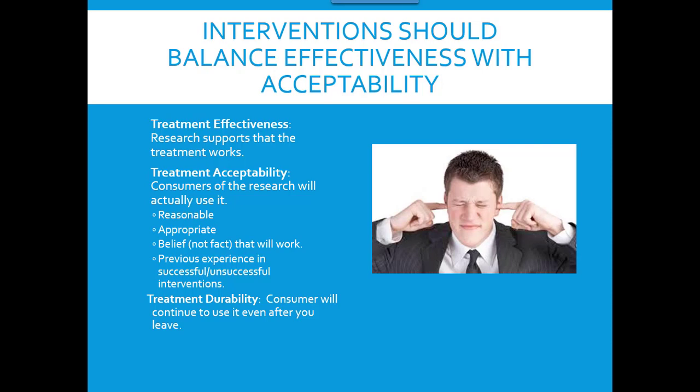So one of the really good things to do with interventions is to show them early. Hey, look, you've been doing this for 2 weeks, and the data shows that he has improved by 3 points. And with previous experiences of successful and unsuccessful interventions, the more you can show that they're working and that you're helping, the more likely they are to be acceptable for future things you're going to do.